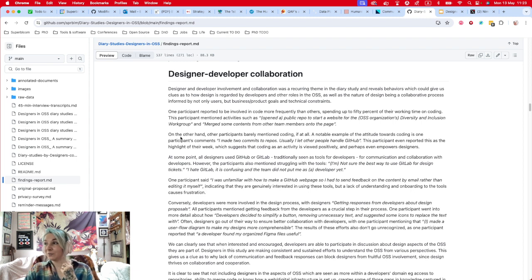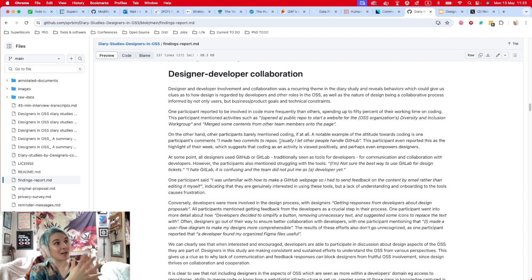How well does it work, or anything like that? So yeah, there are some interesting quotes in here. A lot of it is about not being sure of the best way to use either GitHub or GitLab as a designer, or leaving that to the other people, the coders and developers, because that's their kind of domain.